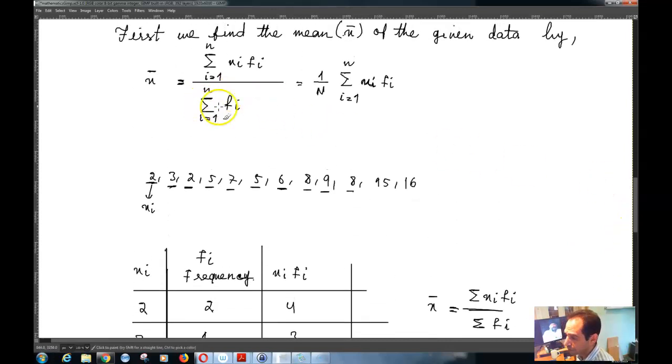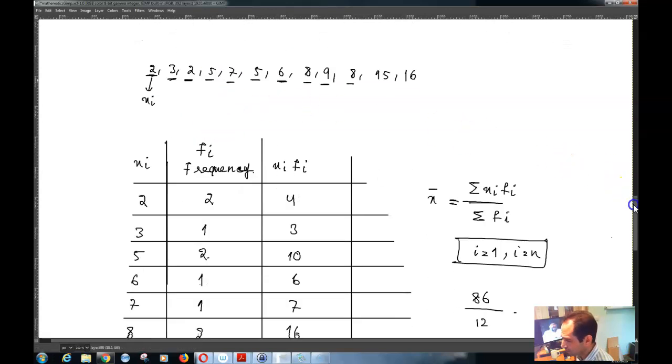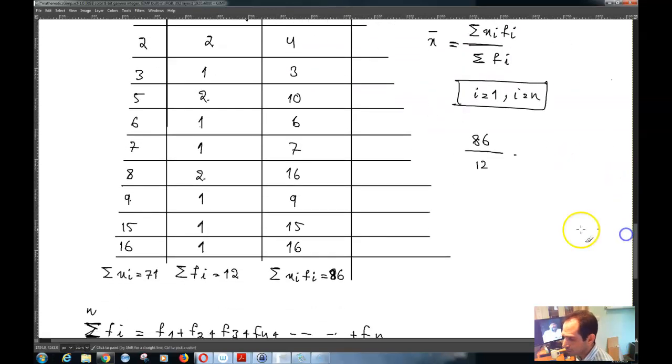And when we write sigma f i as i goes from 1 to n, that means that you add all of these numbers together.